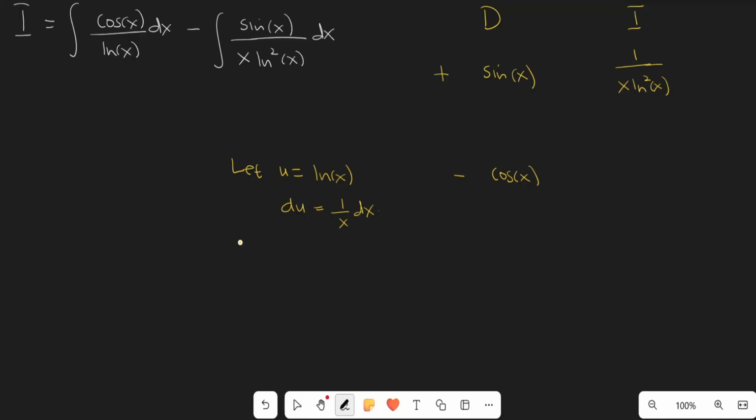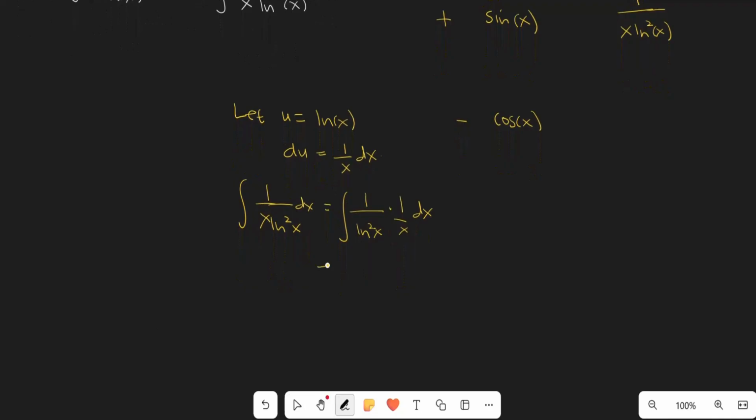So if you are now integrating 1 over x ln squared of x dx, this is the integral of 1 all over ln squared of x multiplied by 1 over x dx. This is the integral of 1 all over u squared, and then 1 over x dx is the same as du, so just replace with du.